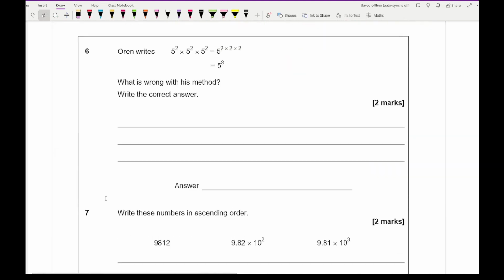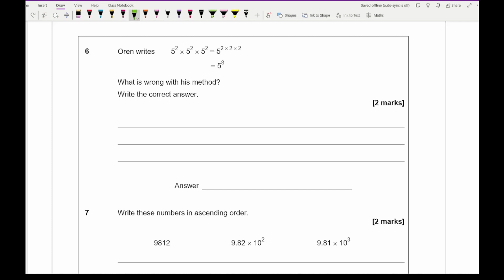Then moving on to question 6, it says Owen writes 5 squared times 5 squared times 5 squared equals 5 to the power of 2 times 2 times 2, which equals 5 to the power 8. What is wrong with his method? Write the correct answer.